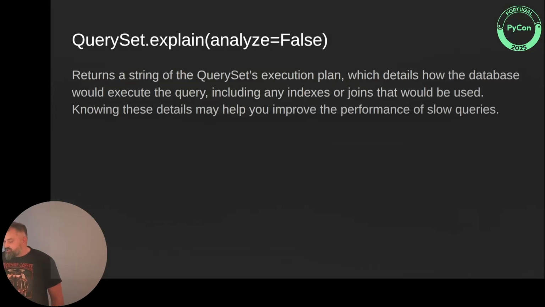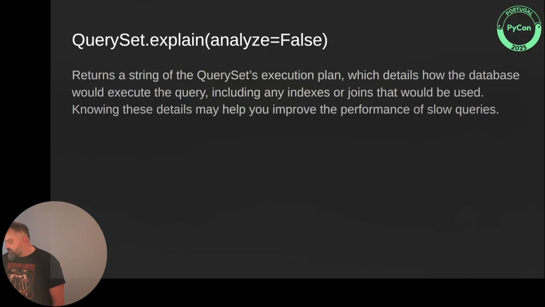And for Django, to see what the database is planning to do, for query sets there's this .explain function, which returns a plan. Most databases have some kind of plan that tells you how it's going to execute the query. You can do the same in raw SQL by typing explain and then the SQL statement you have.